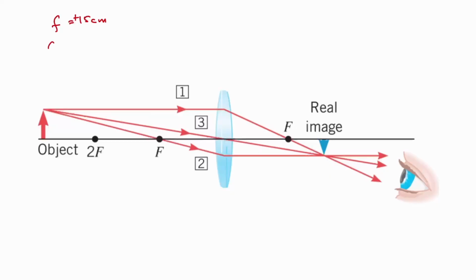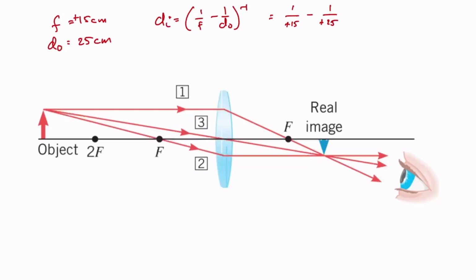Let's put the object at 25 centimeters, I did 25 in my notes for whatever reason. And let's calculate where the image is. Let's find the image distance. We did the math yesterday for all of this. It turns out to be this, if you do the algebra. So that's 1 over a positive 15 minus 1 over a positive 25.